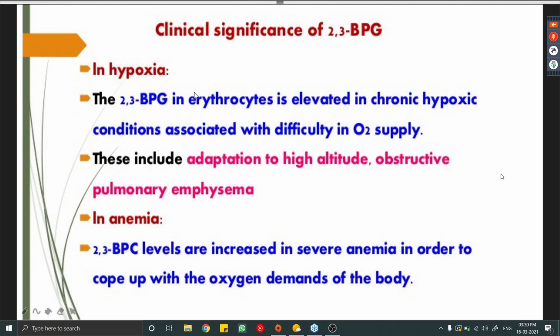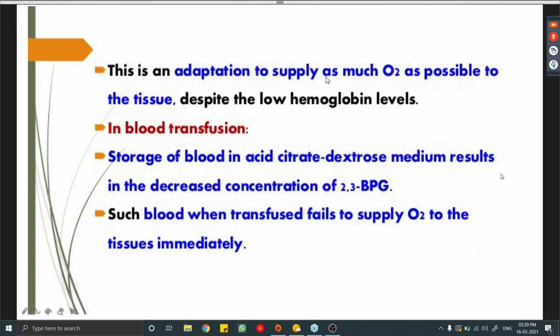So there is increased formation of 2,3-DPG, which leads to the release of oxygen to the tissues. Similarly, in anemia, its levels are increased, in order to cope with the oxygen demands of the body.